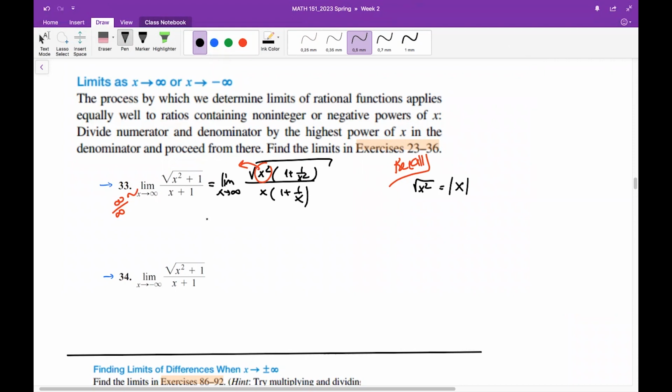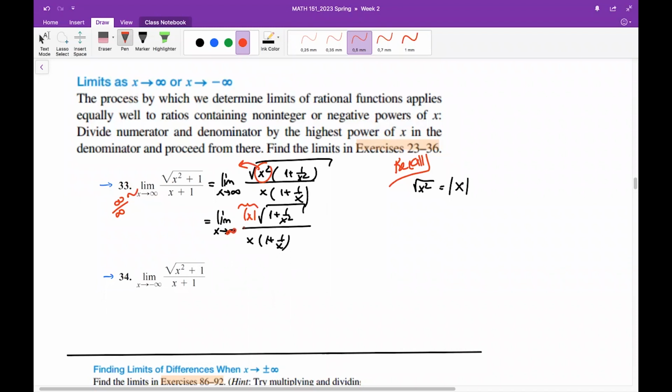So let's use it in our computation. So I will take this x squared out like that. Then it is 1 over 1 plus x squared inside the square root and x times 1 plus 1 over x. Now, we need to evaluate the absolute sign. Look at here. x goes to infinity tells you something about the sign of x.